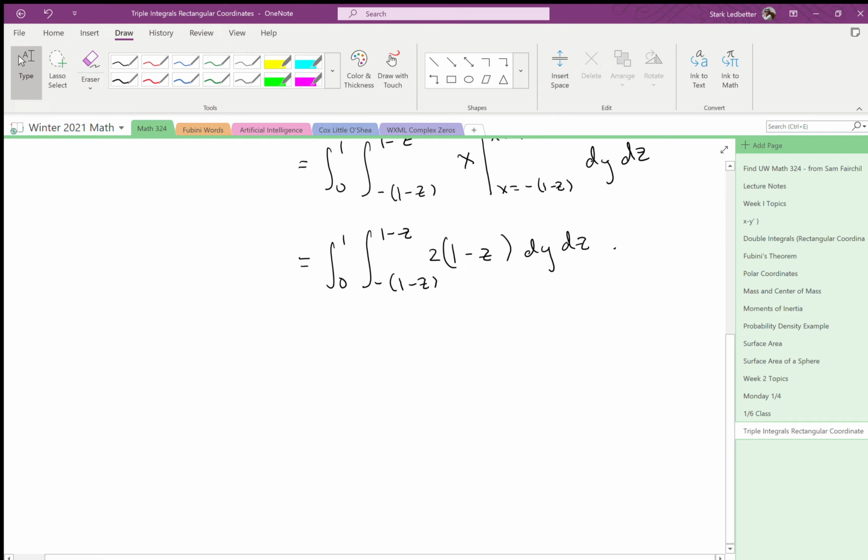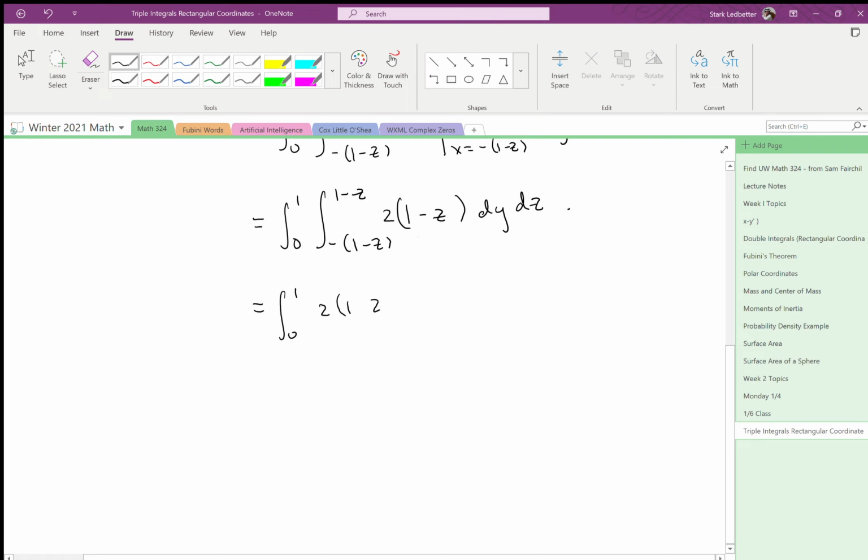Okay, now we integrate with respect to y. This thing doesn't have any y's in it, so that's easy. 2 times 1 minus z. We're just going to get y. And then y goes from negative 1 minus z to 1 minus z.